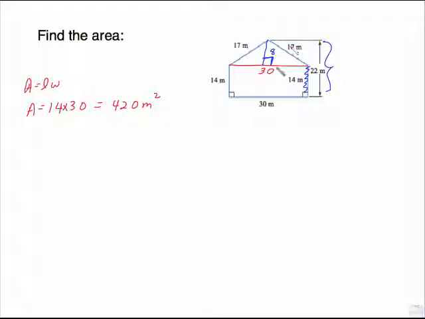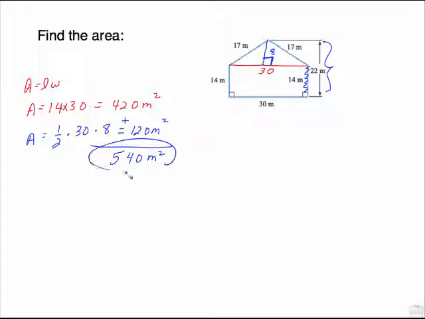So 8 is the height of this triangle. So the area of the triangle is 1/2 times the base, which is 30, times the height, which is 8, which gives us 120 square meters. So add those two up to get the total area, which is 540 square meters.